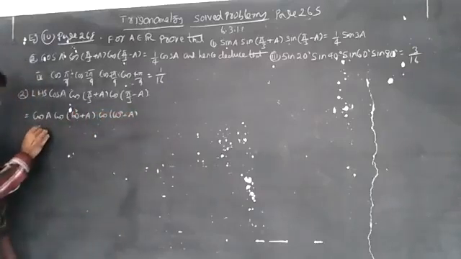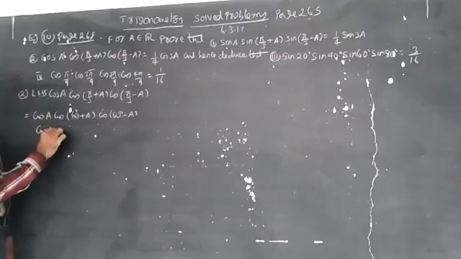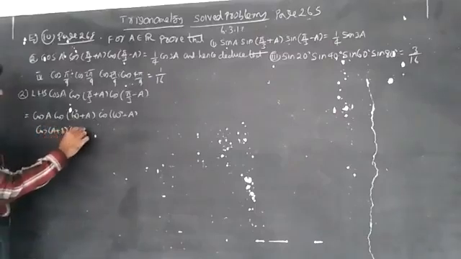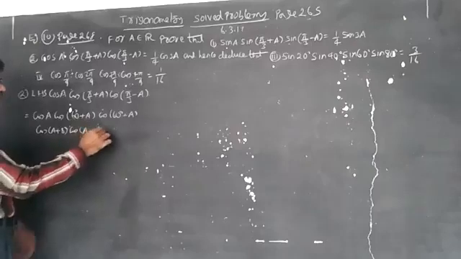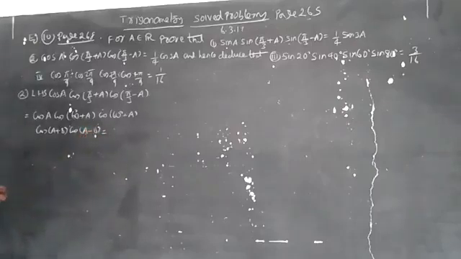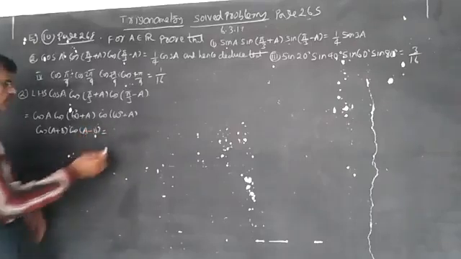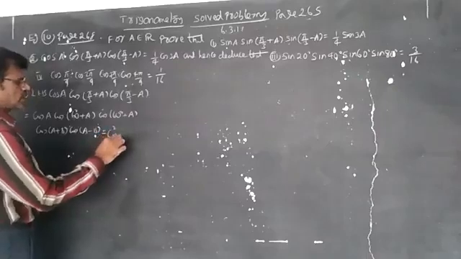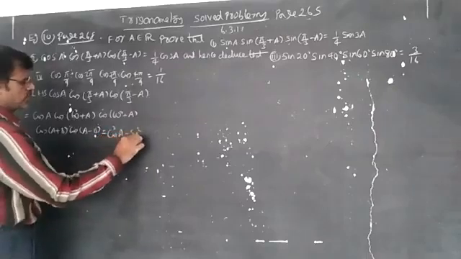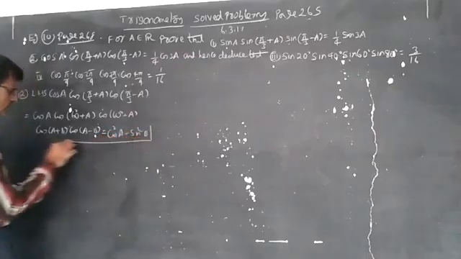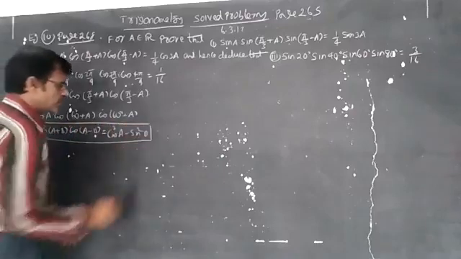Let us remember the formula of cos(A + B) into cos(A − B): cos²A − sin²B, or cos²B − sin²A.